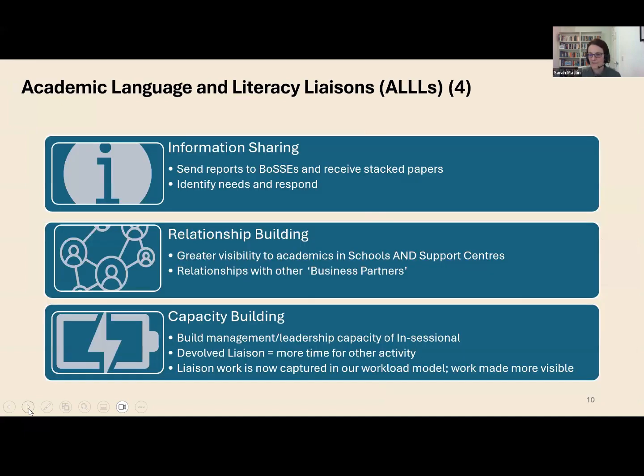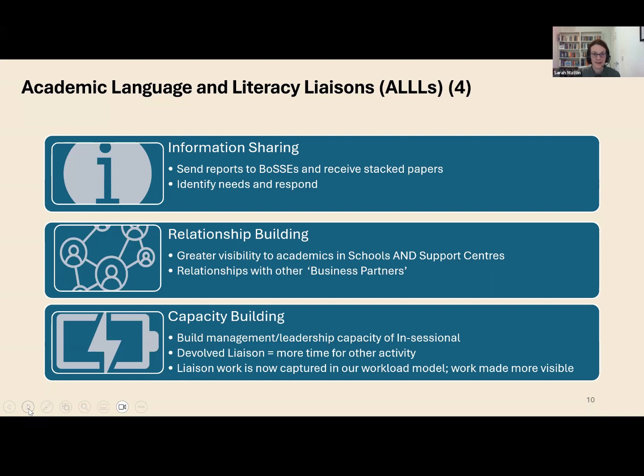So this is just a summary at this point of some of what we feel the positive aspects of the liaison model have been. I think I've covered most of these actually, the information sharing, the relationship building, the capacity building.